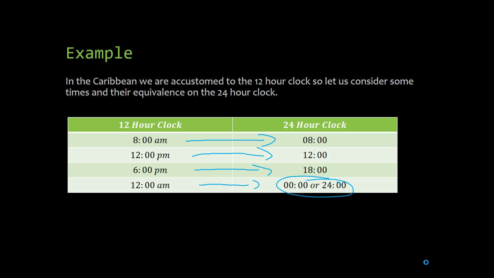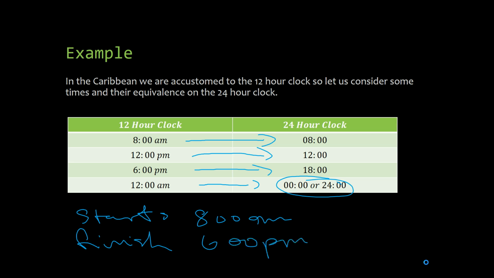The only difference I see is that when you're doing calculations, it's easier to do them. For example, let's say you are on a journey, and your journey starts at 8 a.m. and it finishes at 6 p.m. We know from regular maths that all you have to do is say finish minus start will be equal to the difference in time.